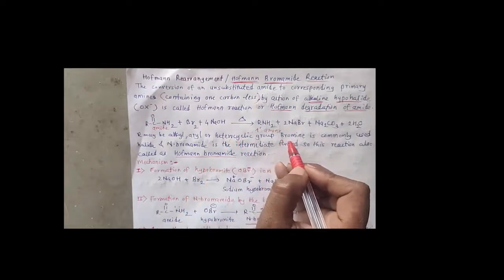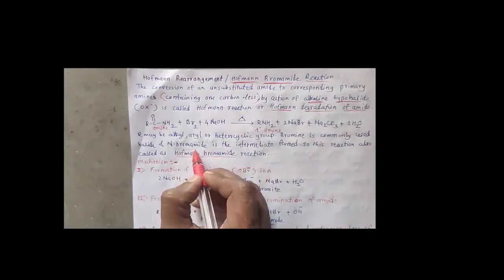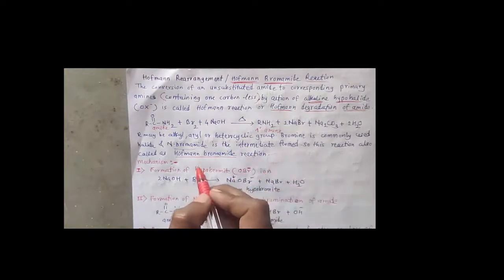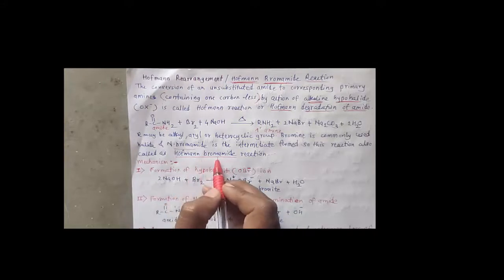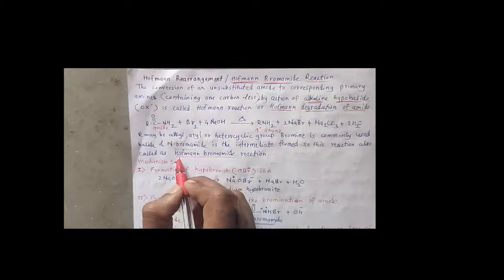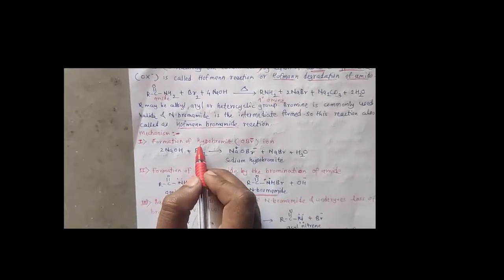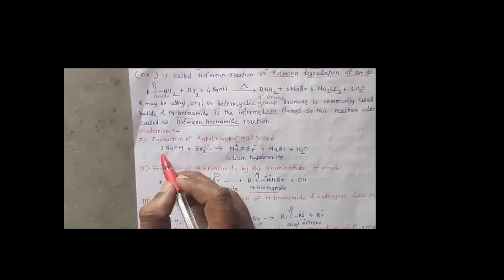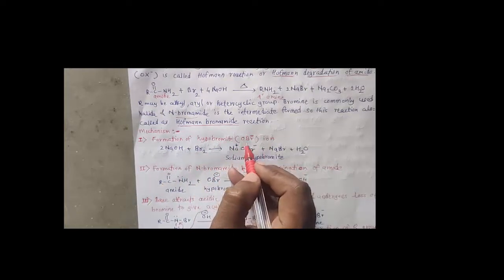Generally in this reaction bromine is used commonly, which gets converted into N-bromoamide as an intermediate. So this reaction is also called the Hofmann bromoamide reaction. The mechanism involves five steps. The first step is the formation of the hypobromite ion, OBr minus.